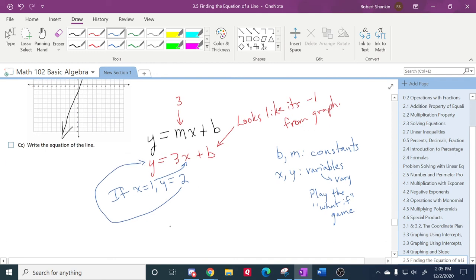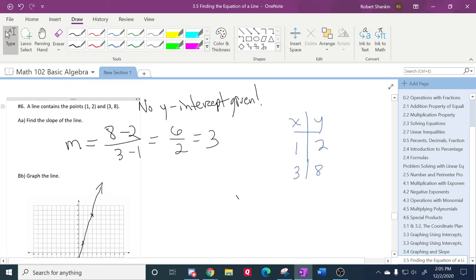So I'm going to get 2 equals 3 times 1 plus b. Subtract 3 from both sides, and we're going to get b equals -1. So what it looked like on the graph was really accurate. B was -1. Now, I could have plugged in any point to get this.